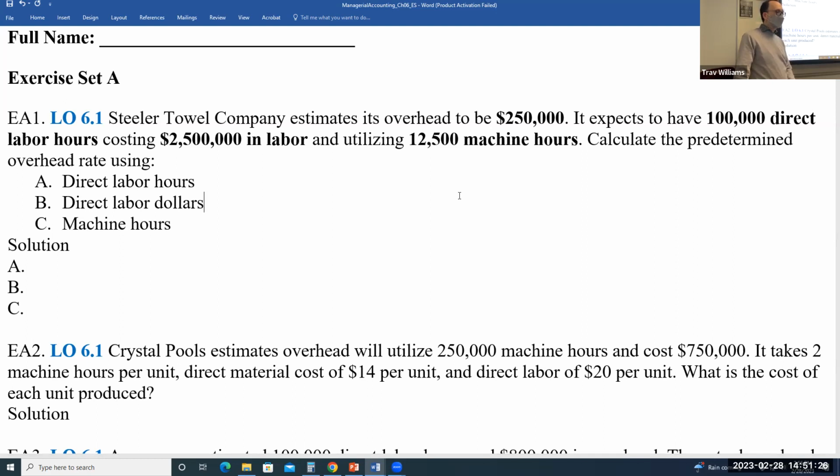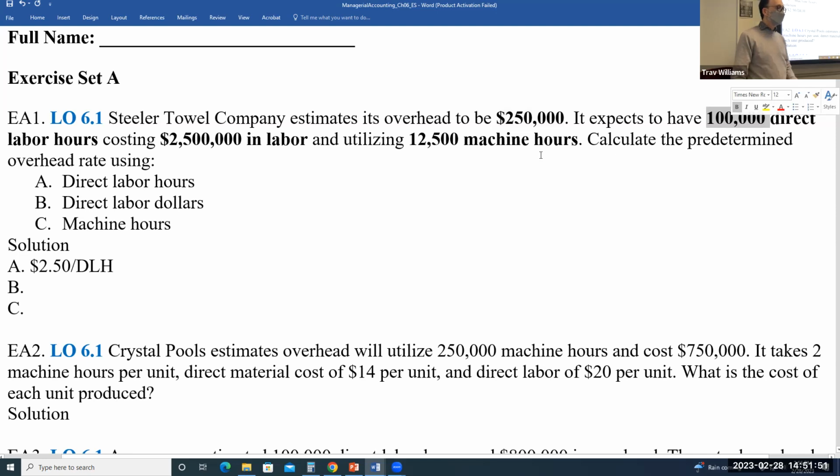What's it going to be if we use direct labor hours? $2.50 per direct labor hour, right? We take the $250,000 of estimated overhead, divided by the 100,000 direct labor hours.